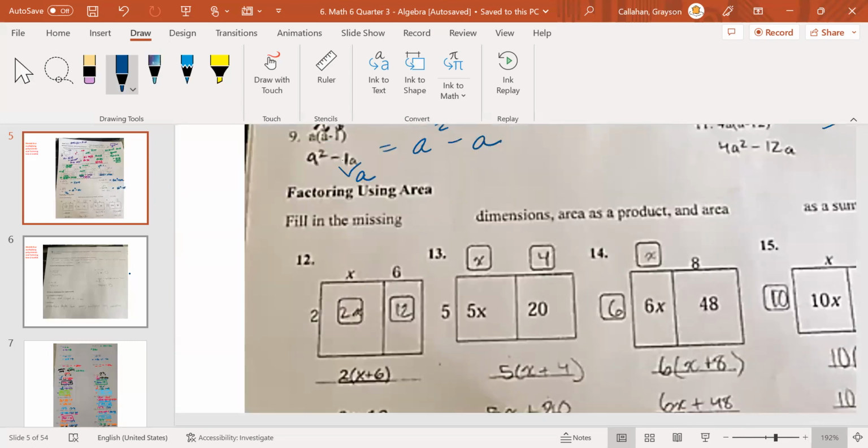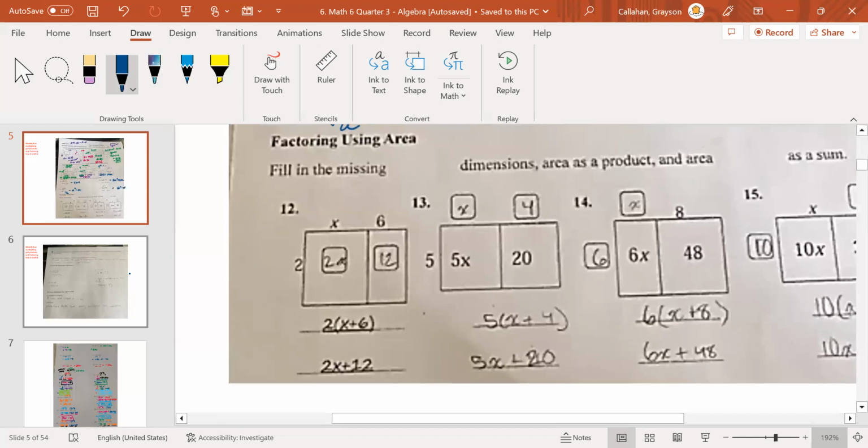For number 12, it says fill in the missing. So the box here is 2 times x, which is 2a. So this essentially is like the area, right? This box is going to be, well, this side right here is still a 2, right? 6 times 2, which is 12, okay?